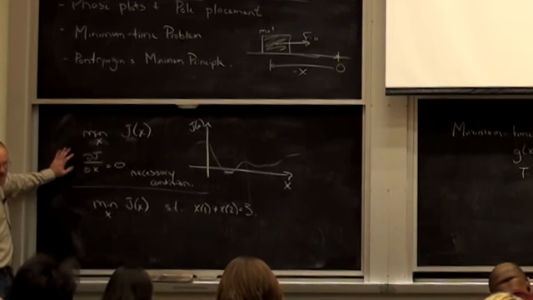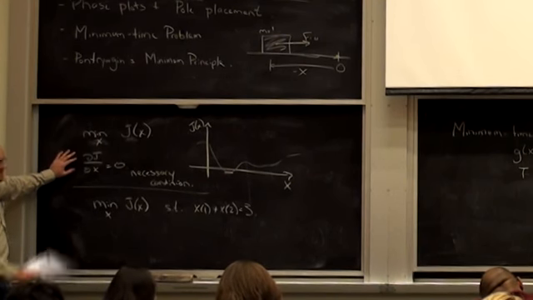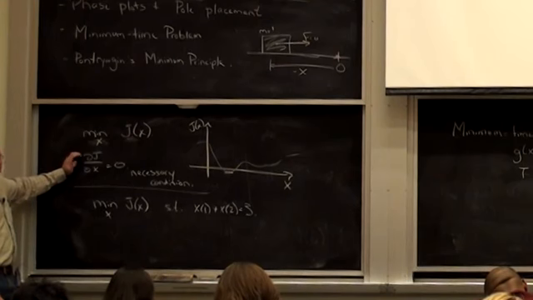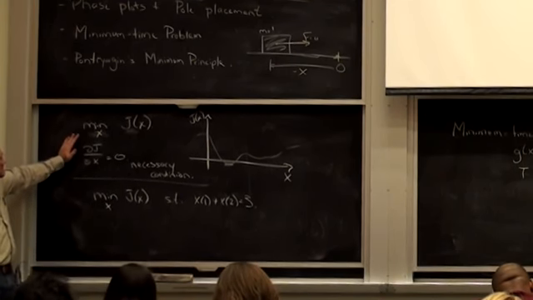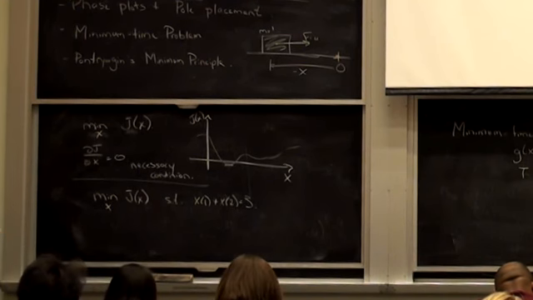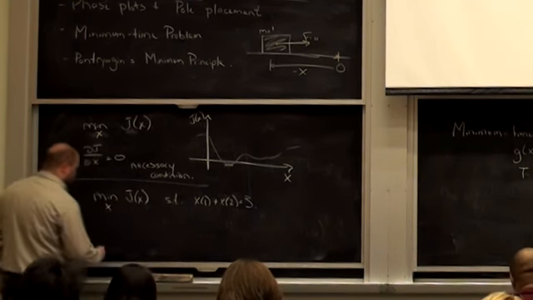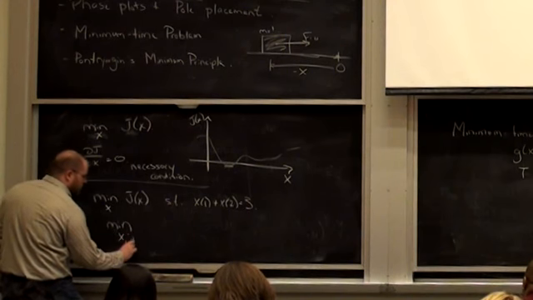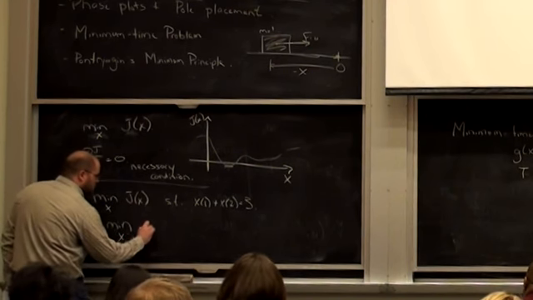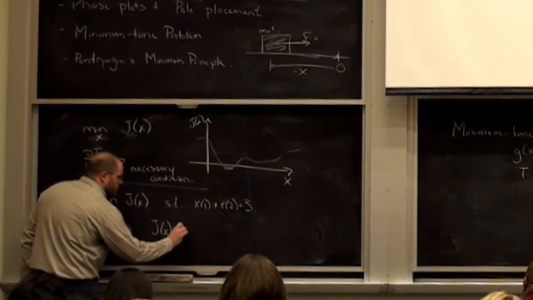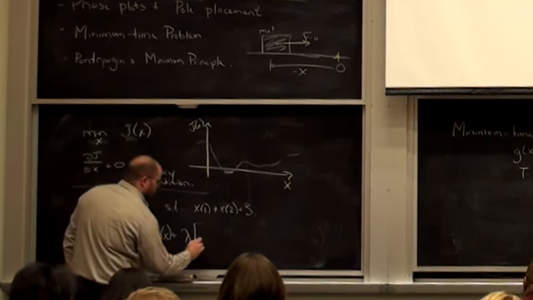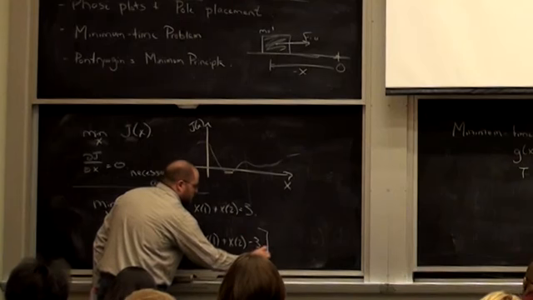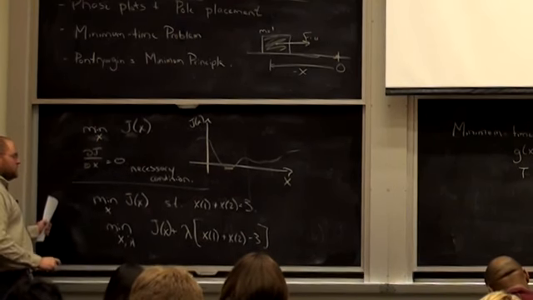Thanks to the method of Lagrange, solving this problem is no more difficult than finding necessary conditions for the unconstrained problem, by just making an augmented function. You can now minimize over x and lambda of J of x plus lambda times this constraint, which in this case is x1 plus x2 minus 3, which has to equal 0.